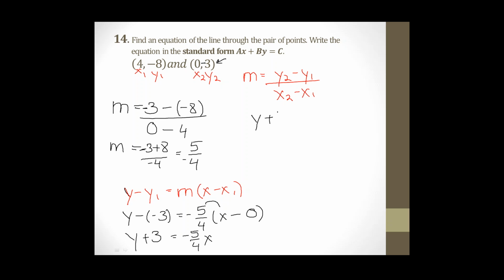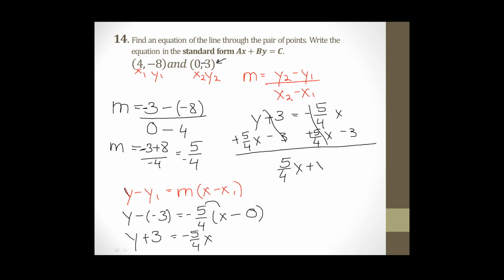Let me just rewrite the problem because I'm running out of space here. I'm going to subtract 3 from both sides, and I'm going to add 5/4 x on both sides. Okay, that cancels out, and I'm left with 5/4 x plus y is equal to negative 3.